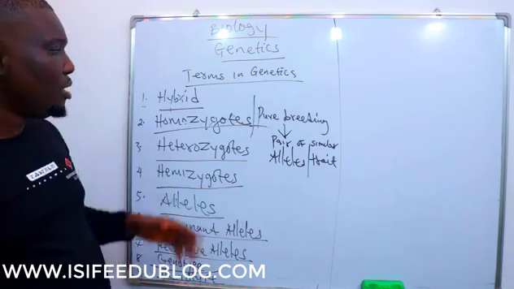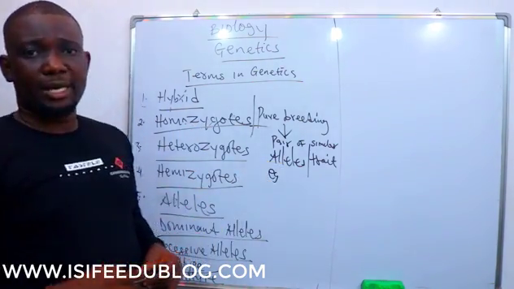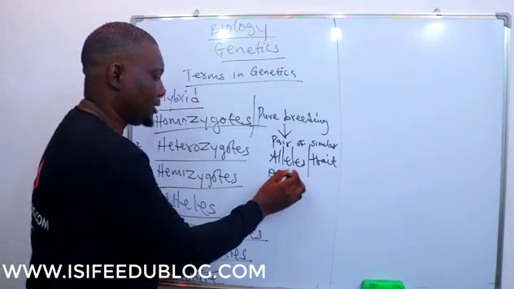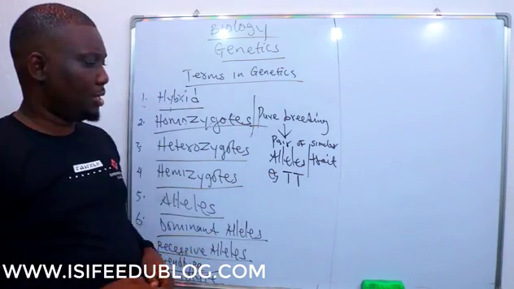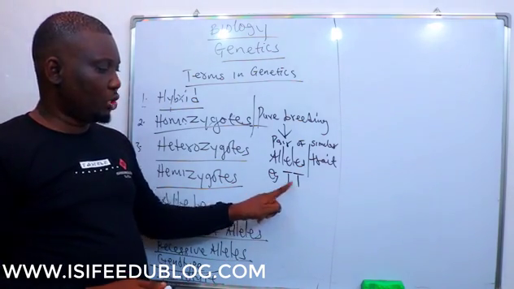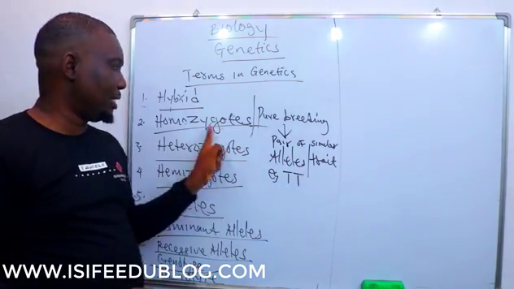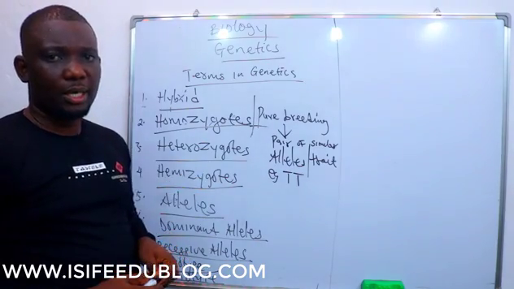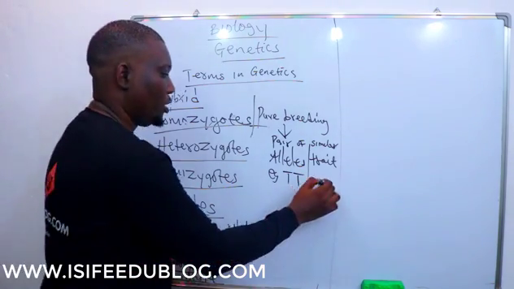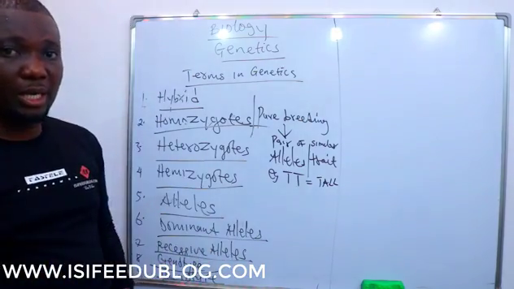But okay, look at the example of homozygotes. Just like the example we used to describe hybrid, I can describe this as homozygotes because the two genes are similar. So this is a clear case of homozygotes. This could be used to connote a tall gene, in terms of physical appearance.